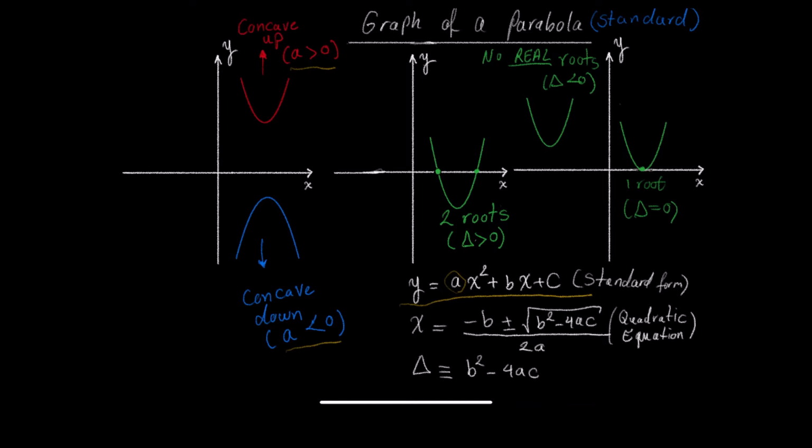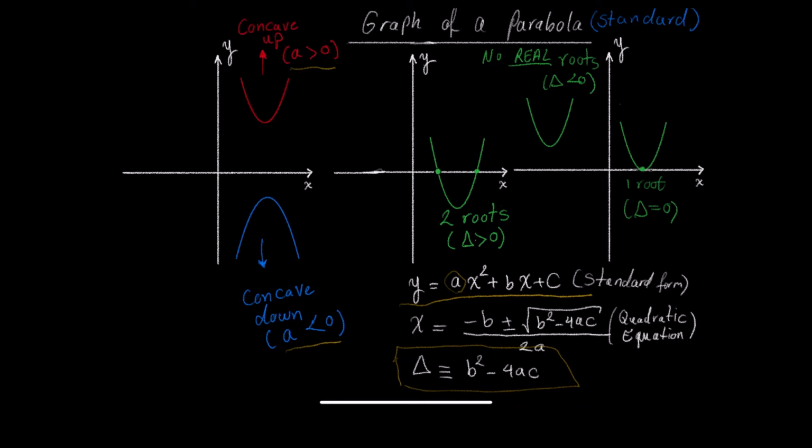We have this thing under the square root, which we call delta. Delta is this little triangle here. So delta is defined as b squared minus 4ac. If delta is positive, which means that what's under the square root is positive, then you're going to have two solutions or two roots to the quadratic equation.